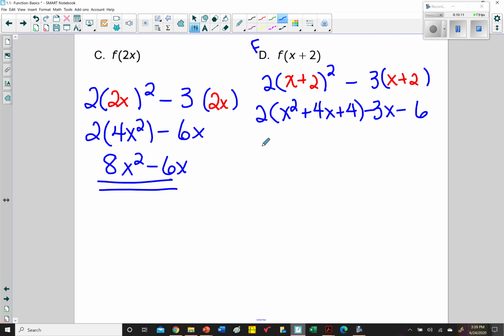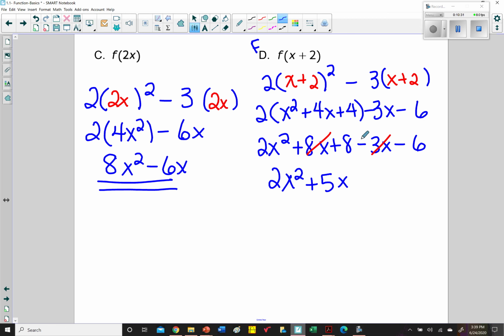Then using the distributive property here, we have 2x squared plus 8x plus 8 minus 3x minus 6, and combining like terms, the 8x and the minus 3x will give us 5x, and then 8 minus 6 is going to produce 2. So letter F is 2x squared plus 5x plus 2 when we evaluate the f of the quantity x plus 2.